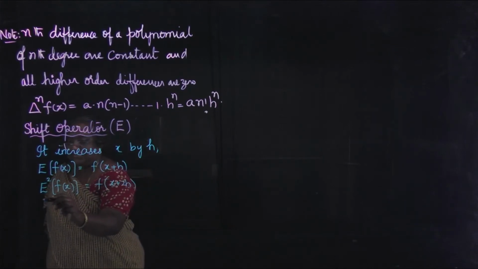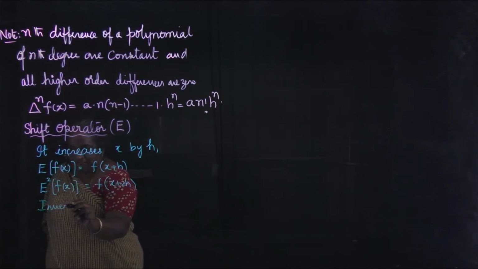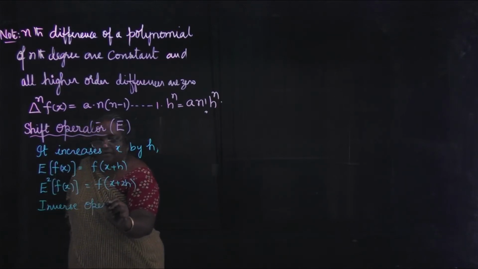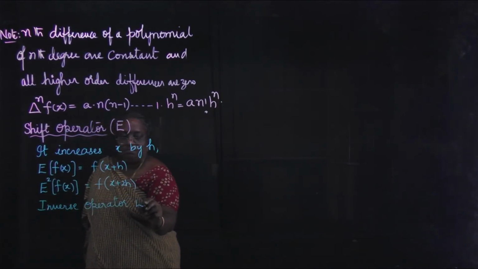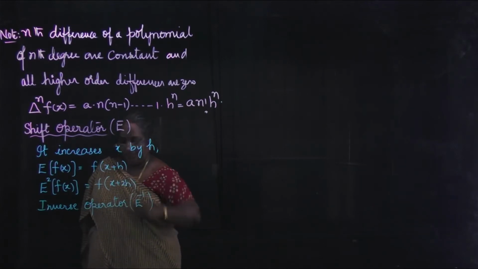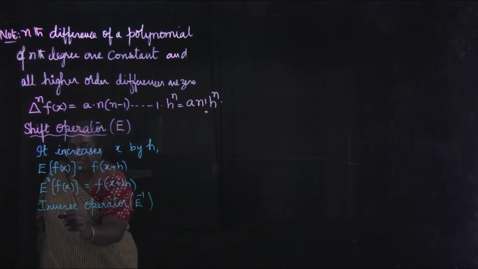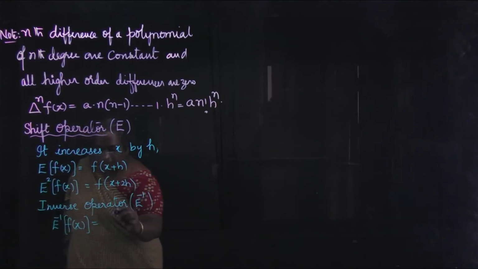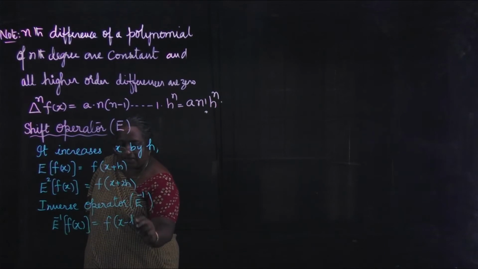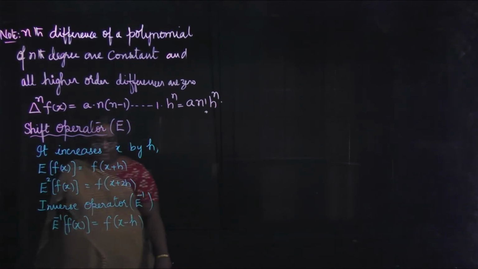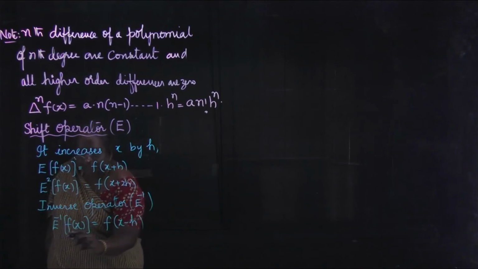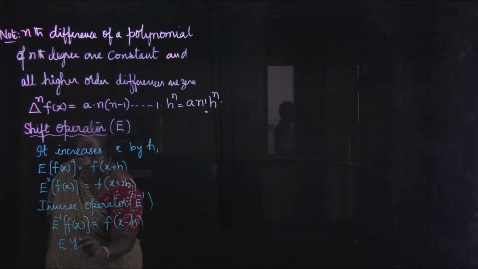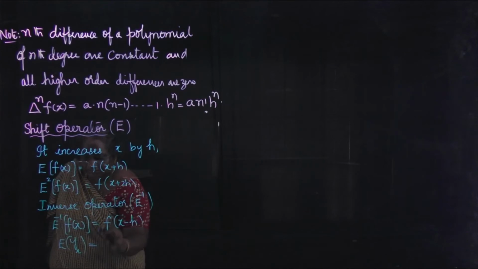Similarly, we have the inverse operator. It is indicated with capital E inverse. It is defined as E inverse of f of x is equal to f of x minus h. In general, we can also use the notation E of y x is y of x plus h. This is another notation.